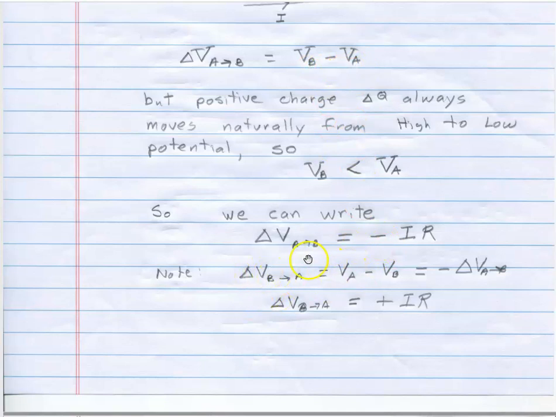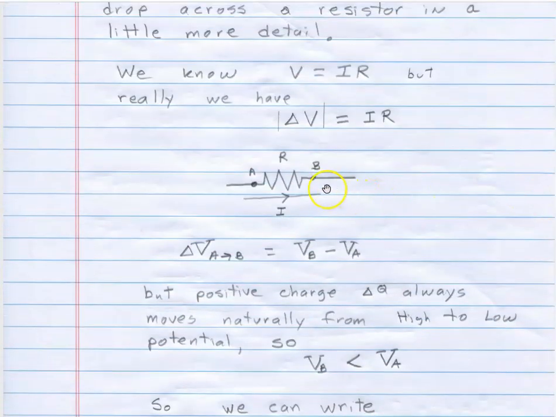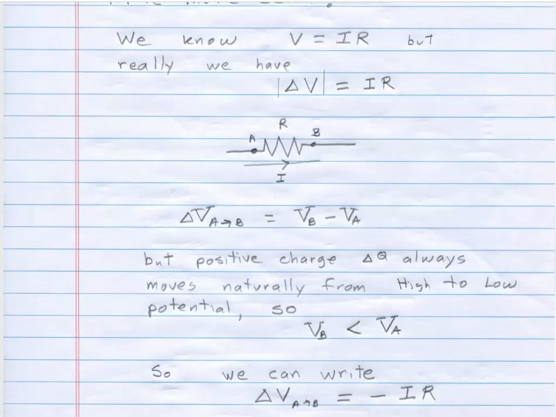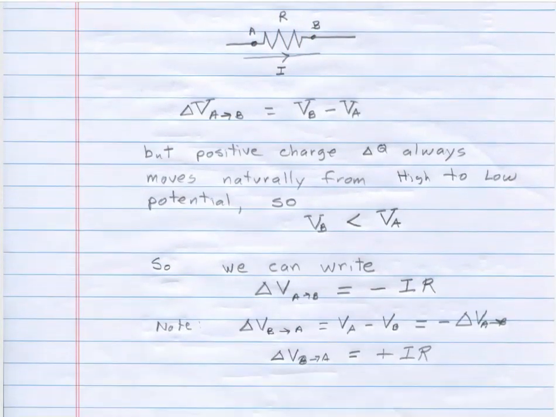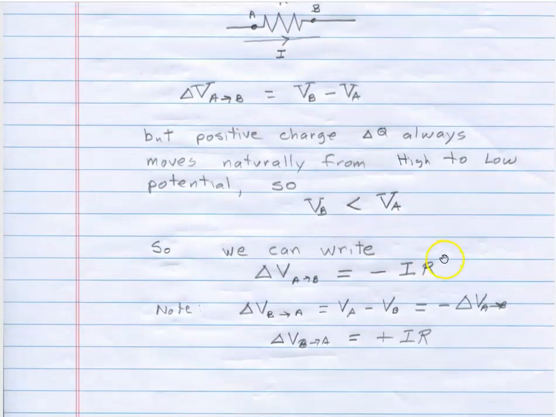Note that in this notation, we could also get the potential difference as I went from B to A, going from right to left, across the resistor. And that I would probably write as delta V going from B to A, and that's the final minus the initial, V_A minus V_B.